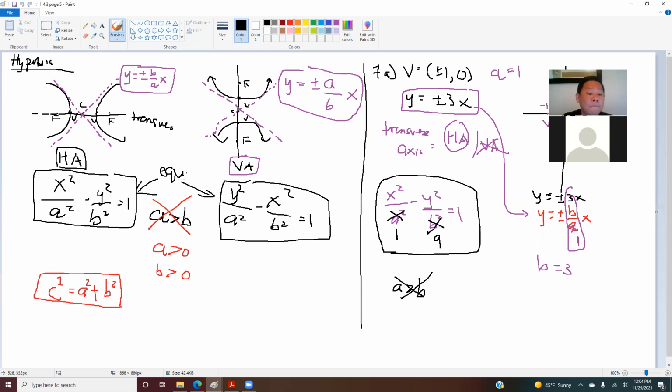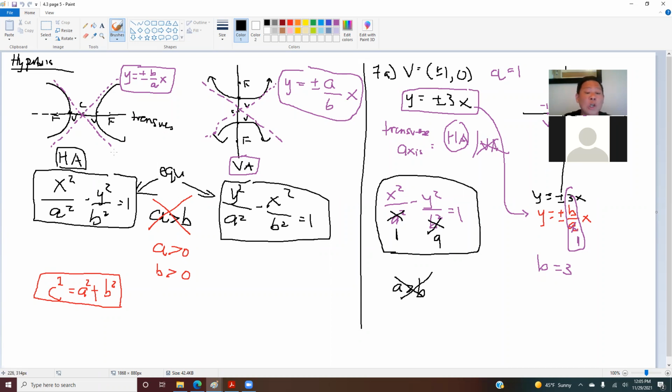A very important rule about the hyperbola is that it does not require a to be greater than b. For an ellipse, a has to be greater than b, but for a hyperbola, it does not. As long as a and b are positive, that is the rule.